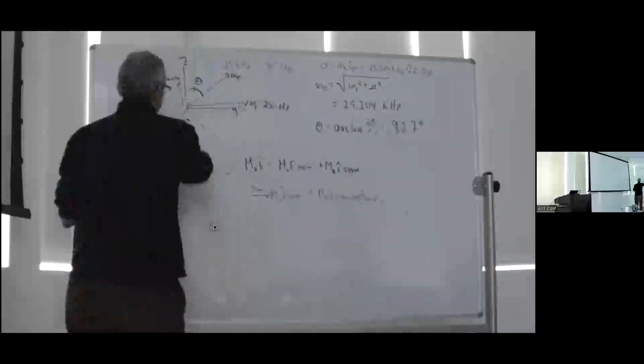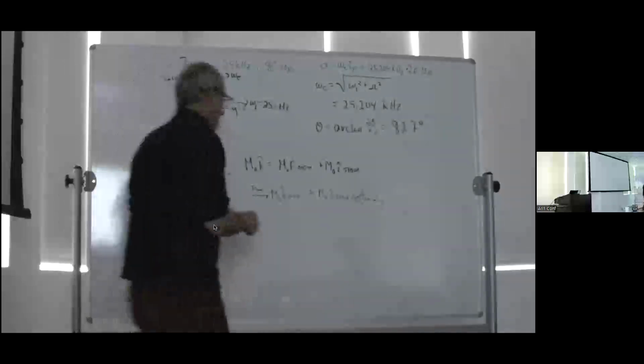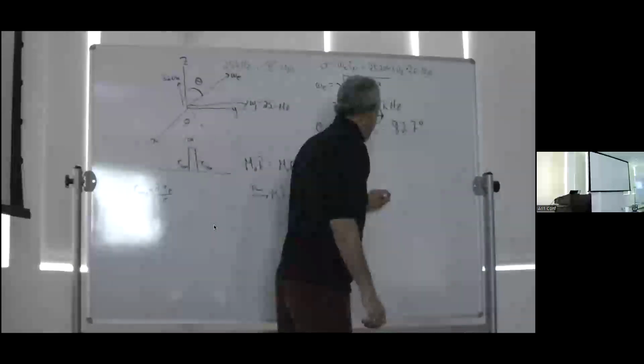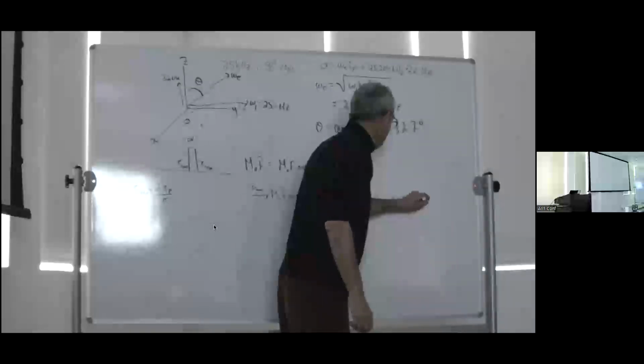And X magnetization rotates towards Y magnetization. That'll be plus M0 sine alpha sine tau core.